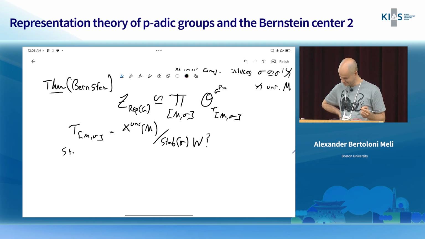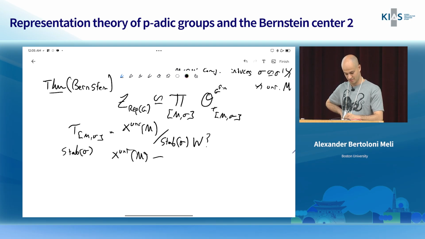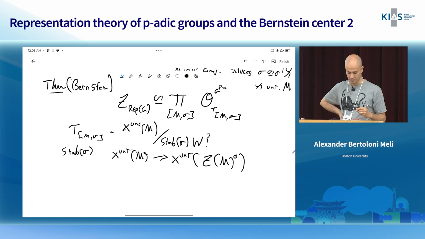Okay, fine. So there's a map from X unramified M to, so you can restrict to the connected center of M. Let's call this map res.